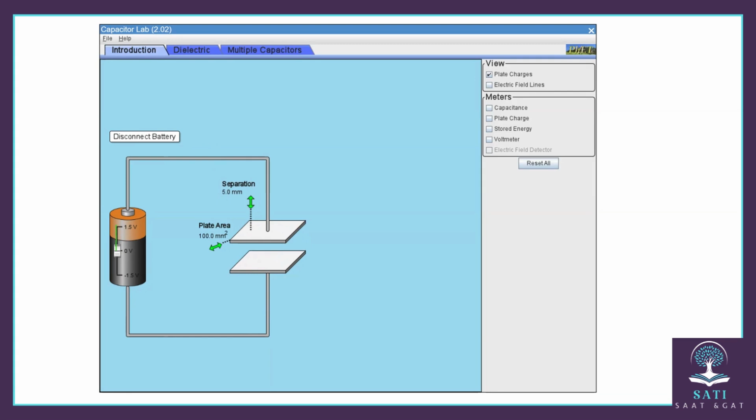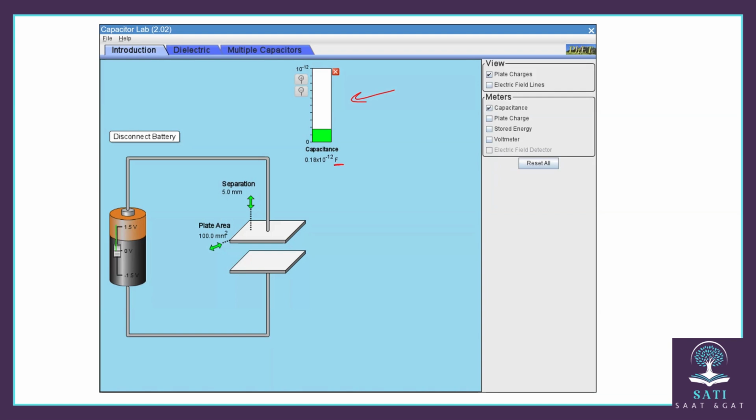That means the volume of charge that can be stored. We put this meter here, and it will show us the capacitance of these two plates. That means the amount of charge that can be stored, measured in a unit called the farad. This is the capacitance.